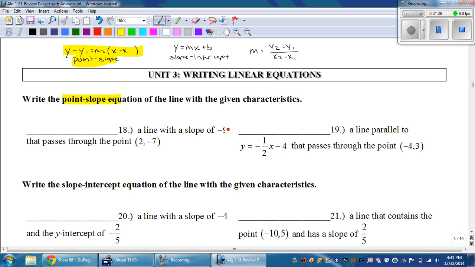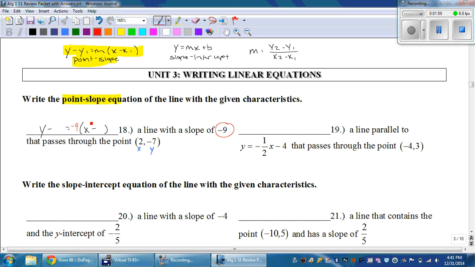It says a slope of -9 that passes through the point (2, -7). So remember, your first one is your x and your second is your y. Okay, so now all we have to do is fill in the blanks. So our slope is -9.